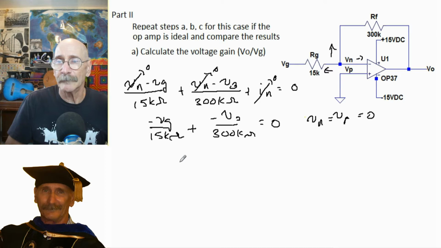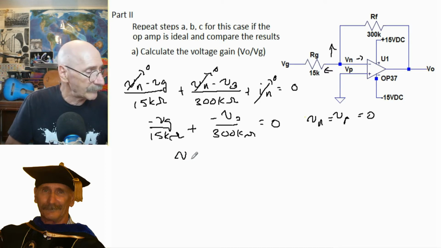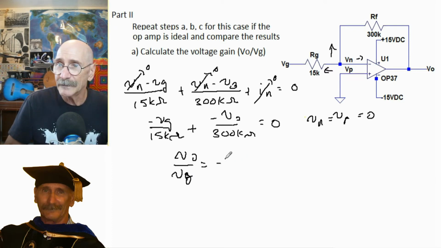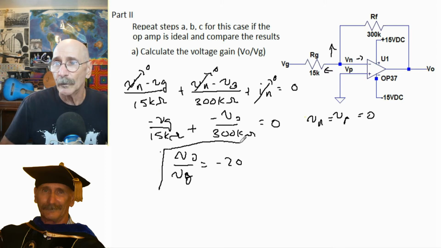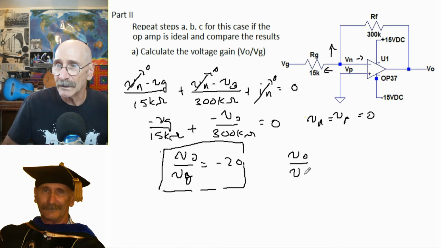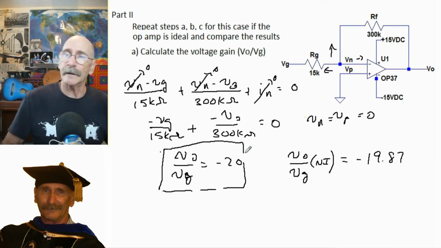And then, of course, I'm going to let you do the algebra on this. V out over VG is equal to minus 20. So that's our voltage gain, and that compares with what we got before, the non-ideal case, V out over VG non-ideal, which was equal to minus 19.87, which was pretty close to our minus 20 right here.